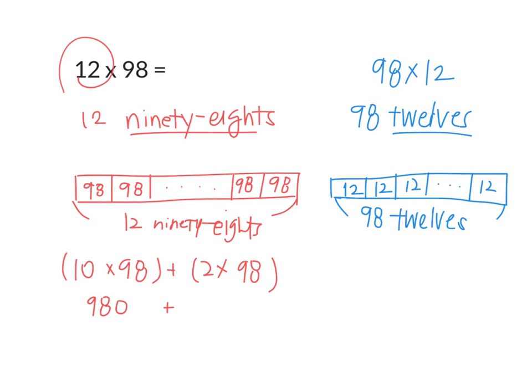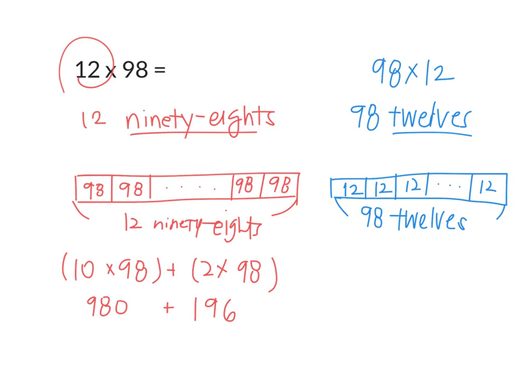So if I only gave you 10, I have to give you 2 more 98ths. What is 2 98ths? What's 2 times 90? 180. What's 2 times 8? So what's 180 plus 16? 196.